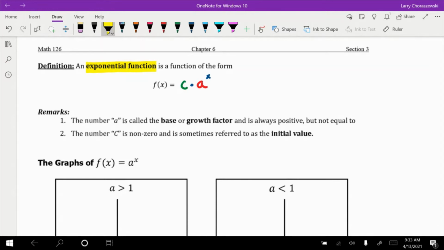So what makes this an exponential function is that we have an exponential expression. In the base of the exponential expression, we have what's called the base, sometimes referred to as the growth factor.